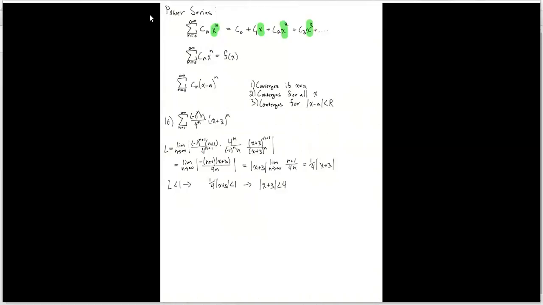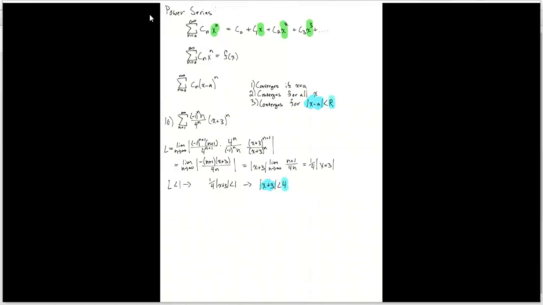So take a minute and look at the format of this. This is an x plus 3 absolute, right? So if we look up here, we'll notice that we have that form, right? Where a is now -3. And now we have this r, which in this case is this 4.